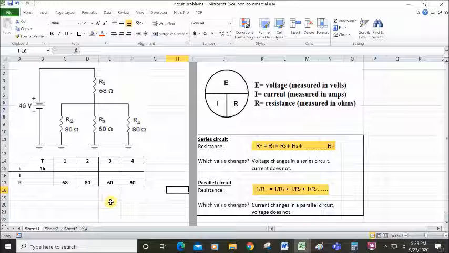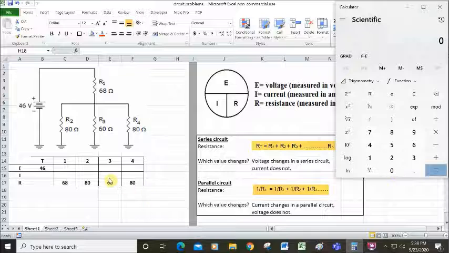So the first thing I want to do is figure out the three parallel resistors. We're going to figure out the resistance for those and make that an equivalent resistor so that we can add them to R1 and get total resistance. So we'll do the math over here, and I'll bring my little calculator app up on screen. Let's just start with R2. It's going to be 1 divided by 80 equals that.